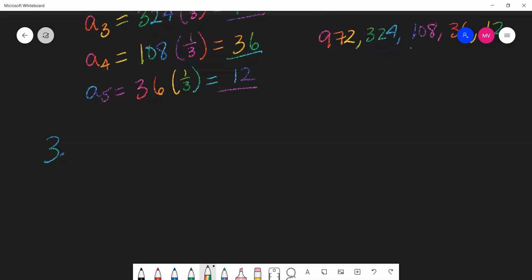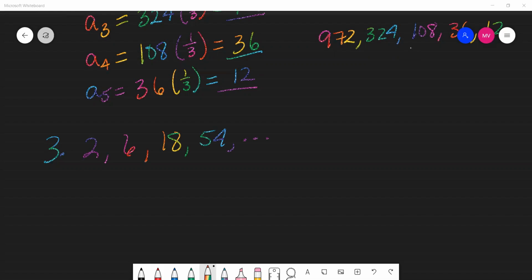Okay, so for 3, 4, and 5, they want us to find A1, the first term in our sequence, R, which is our common ratio, and then we're looking for A4 and A6. The first one, number 3, is 2, 6, 18, and 54.